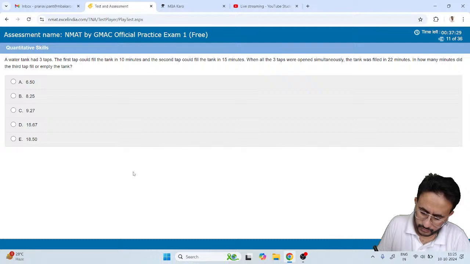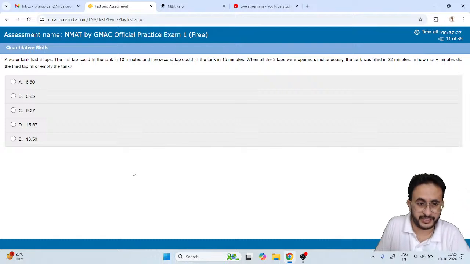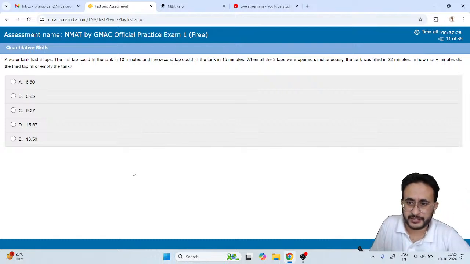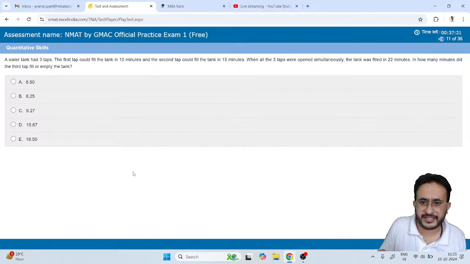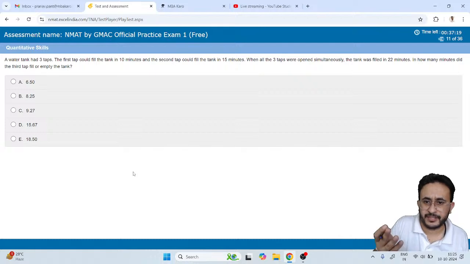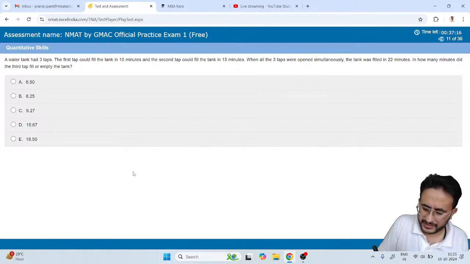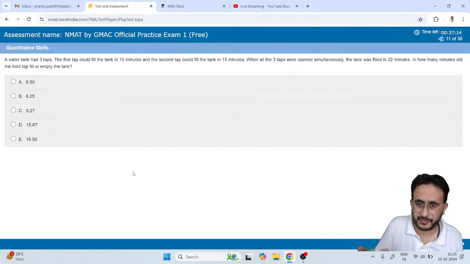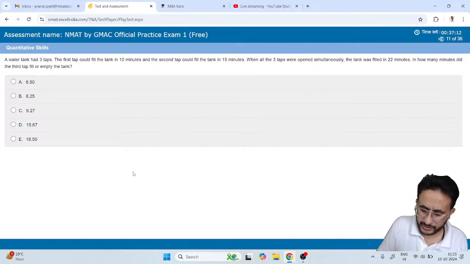So total efficiency is 30 by 22, right? And the third one, obviously it is an emptying tap, right? Because when these two are working, they are filling 5 units, so it should be filled fast, but it is taking more time. So 5 units, and combined they are filling 30 by 22, which is 15 by 11.